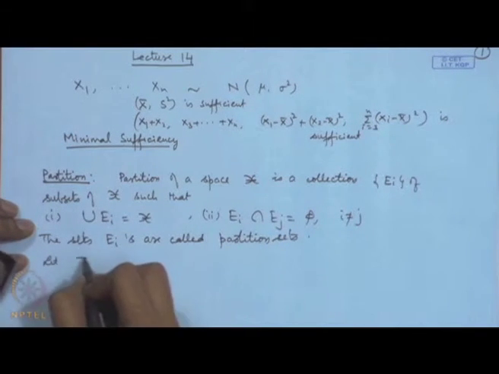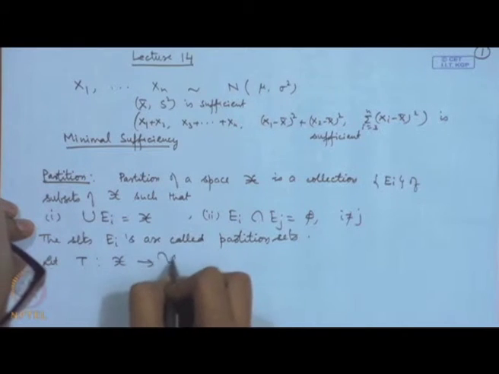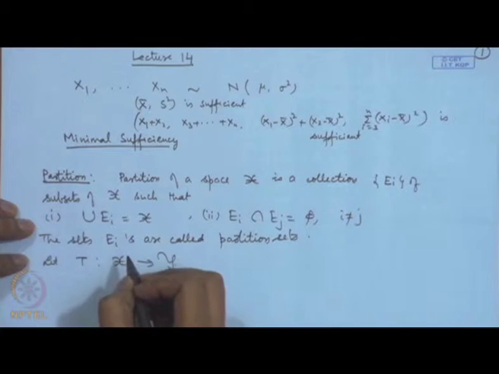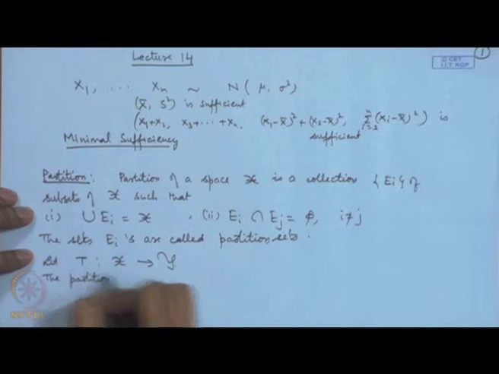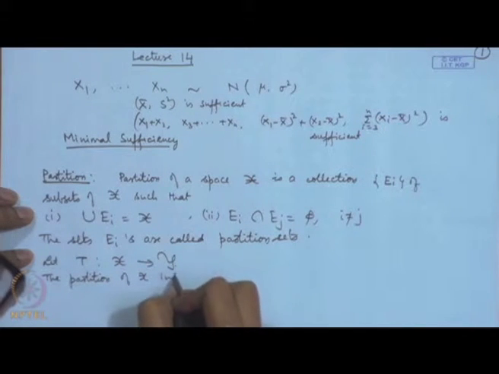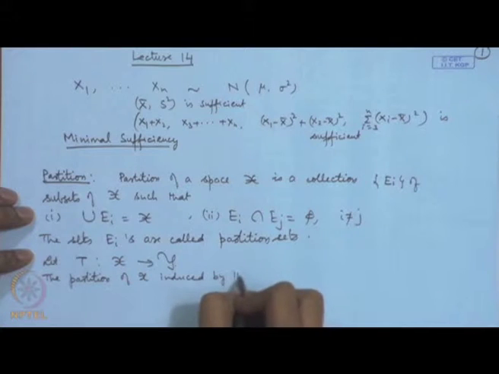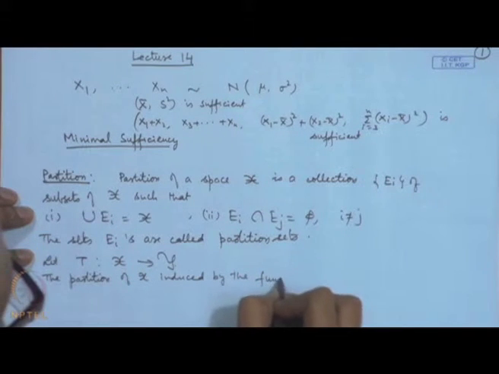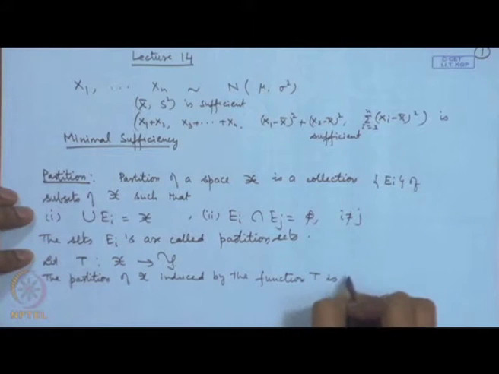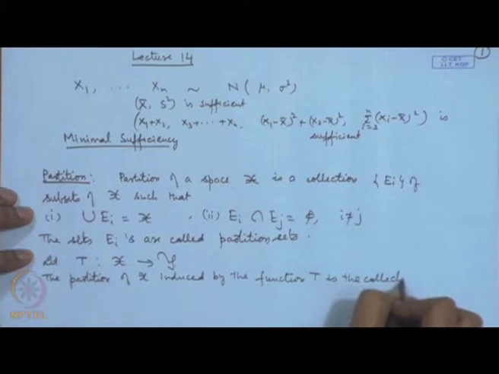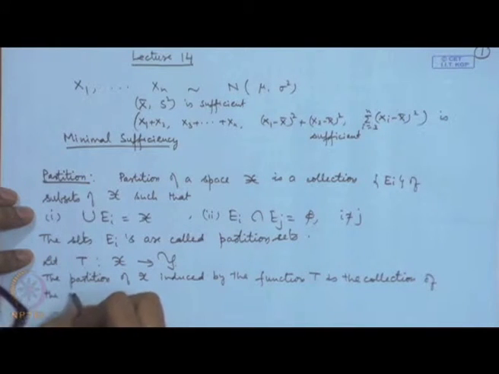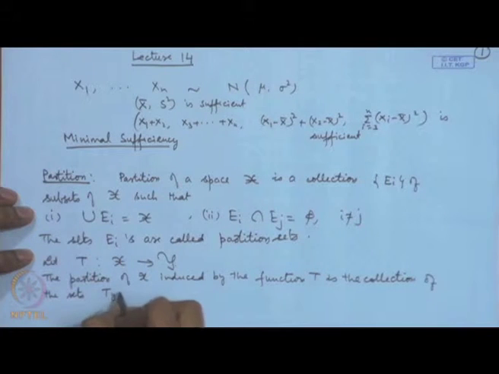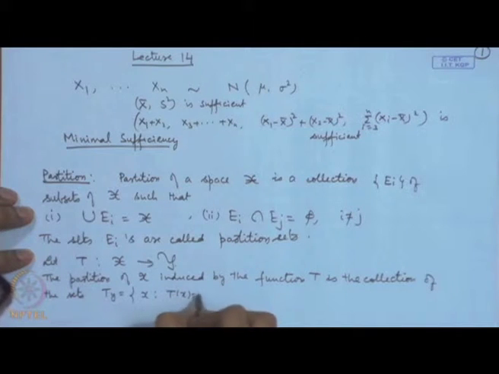Let T be a function from X into another space Y. Then the partition of X induced by the function T is the collection of the sets A_y, which is defined as the set of all those values x such that T(x) is equal to y.